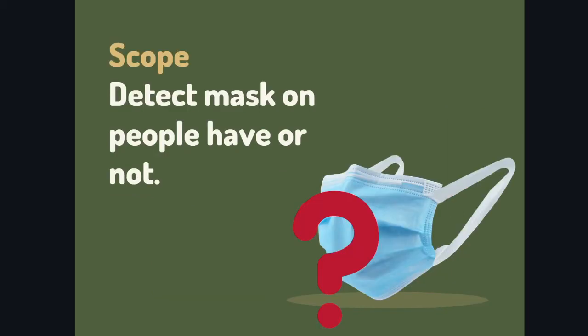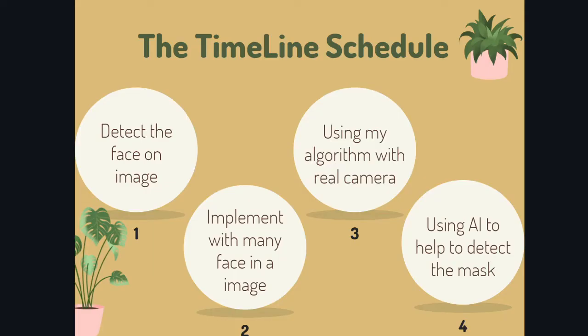In the scope, I will have two scopes about detecting the mask on people, whether they have one or not. Okay, and this is my timeline schedule. First, I will write the code to detect the face in the image.